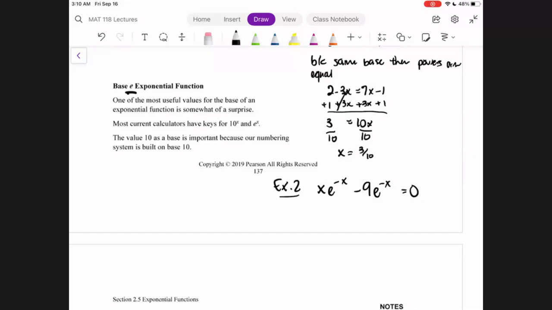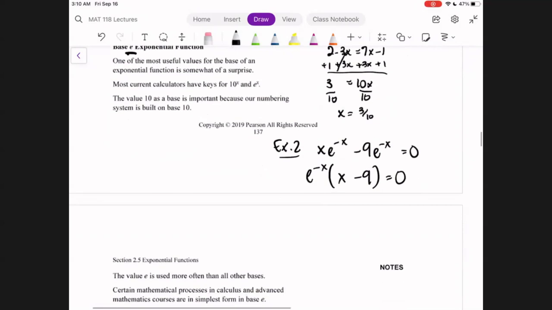So you think they have something in common, e to the negative x, so you want to factor that out. So I pull that out, so I have x. And then, kind of like from our previous practice in this unit, when I want to solve something by factoring, right? This or this can be 0. If I have two things that I'm multiplying to give me 0, either the first thing is 0 or the second.